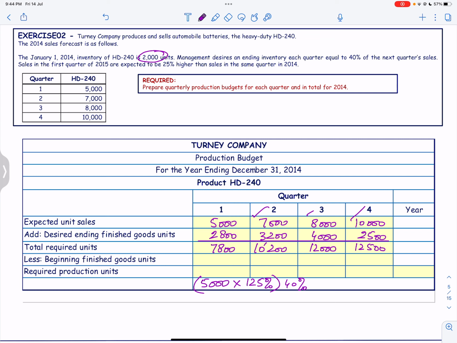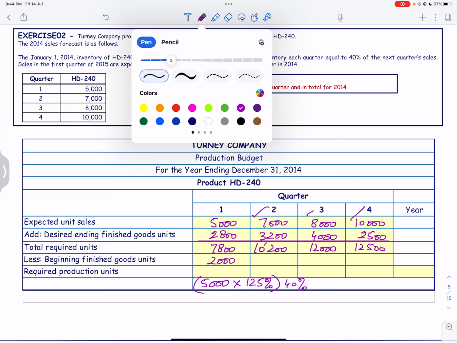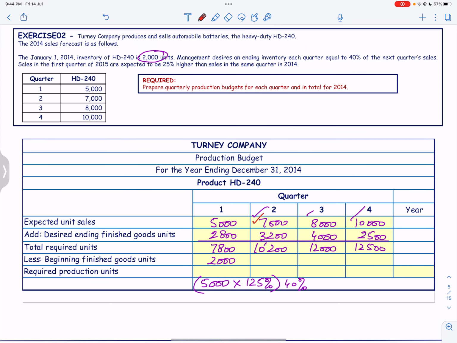From this, we are going to subtract the beginning finished goods, and you can see that beginning for January 1 is 2,000. This will be subtracted, and then 40% of 7,000, that is going to be 2,800. Then 40% of 8,000, that is going to be 3,200, and 40% of 10,000 is 4,000.